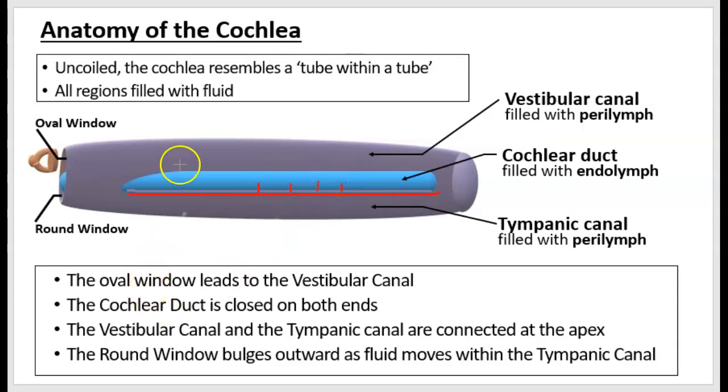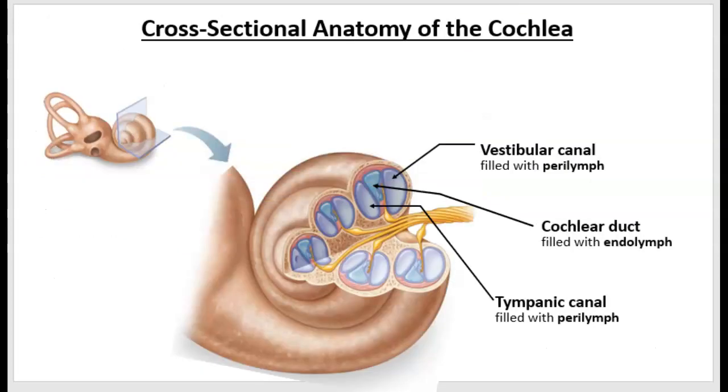And so anytime there's a movement downward into the cochlear duct of fluid, pushing on the cochlear duct, or upward, these hair cells are going to move. And we'll talk about how they become excited, which movement causes excitation of the hair cells there. We're going to do that next.